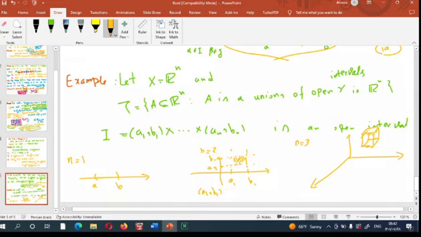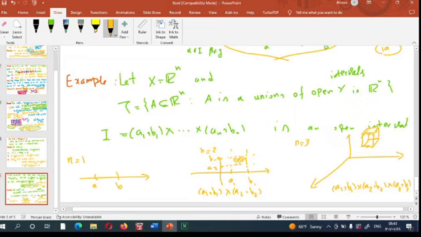This is a1, b1 multiplied by a2, b2, and this is a1, b1 multiplied by a2, b2 multiplied by a3, b3, and other dimensions. And this tau is a topology on Rn.